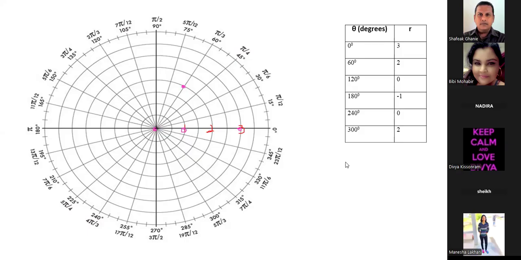And 300, you have 2. So we can plot the graph now. We have something like this, and we see a little loop here. And that's how you do it manually.